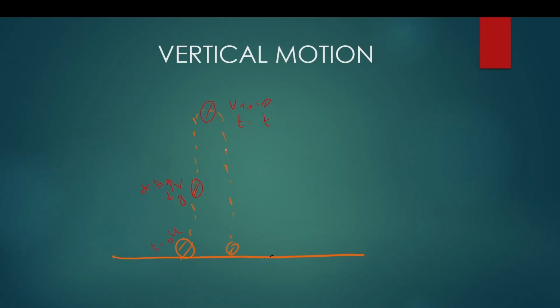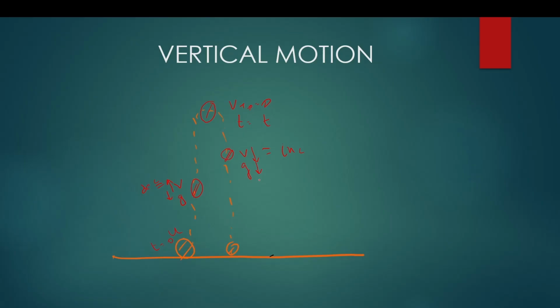And again the body will move in free fall with gravity. Suppose here the velocity is v and it is moving in the downward direction, and gravity is also acting in the downward direction, so the velocity is continuously increasing.